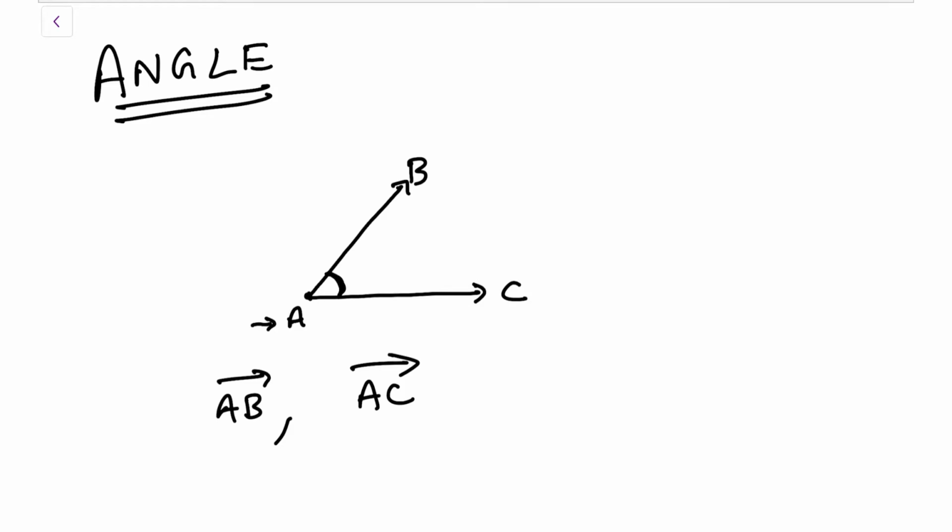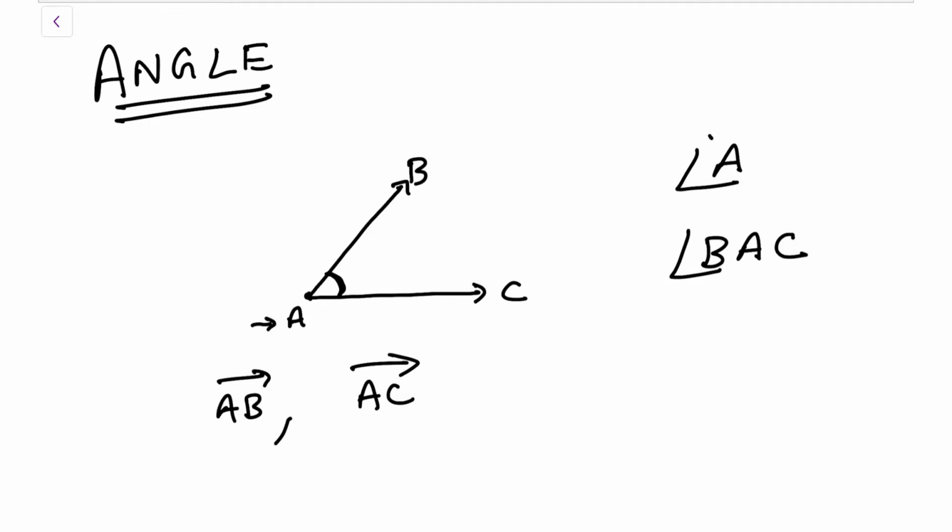Alright. Now, how is an angle named? An angle is named with a single capital letter or three capital letters. Single capital letter, angle A, or three capital letters, B, A, C. Alright.